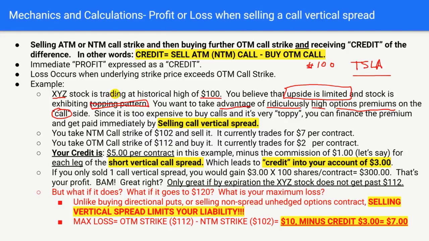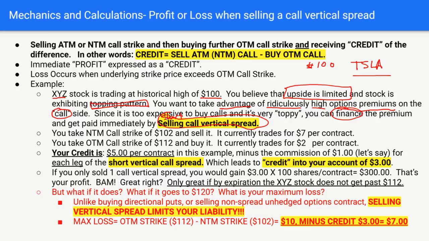Our job is to make money, not pay more than what we risked. Since it is too expensive to buy the calls and it's very toppy, you can finance it. Remember, I told you, you can finance that premium and get paid immediately by selling, or shorting, a bearish call vertical spread. This is what I'm talking about right here.